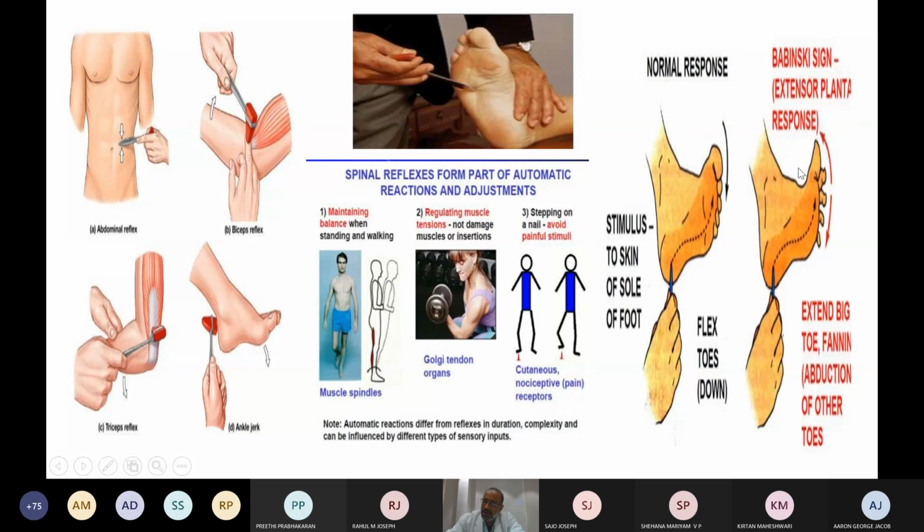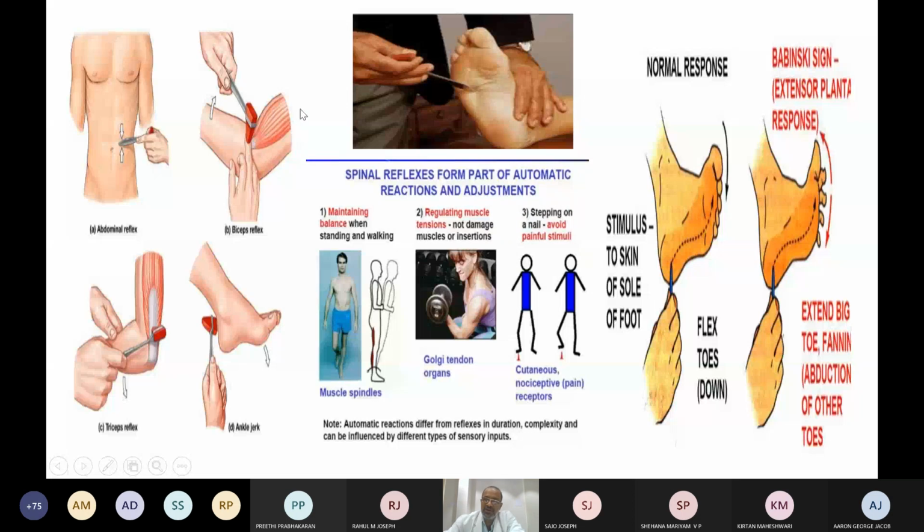Before corticospinal tract myelination, you are going to get this reflex as a normal reflex in young children. And invariably in elder people, when it is obtained, we say that it is a case of upper motor neuron lesion. Understood? Upper motor neuron lesion. So then you have to know about this thing.